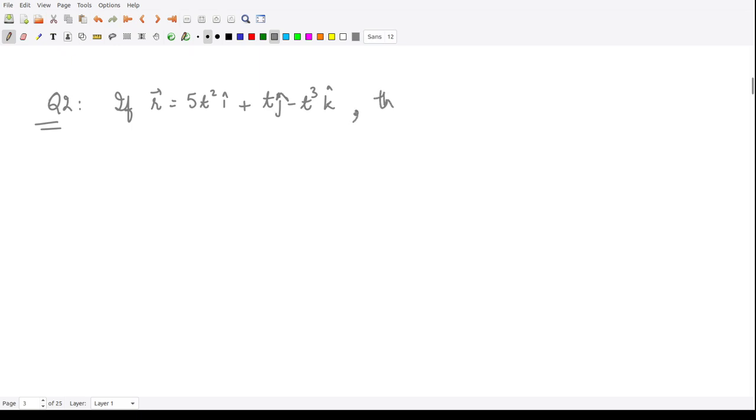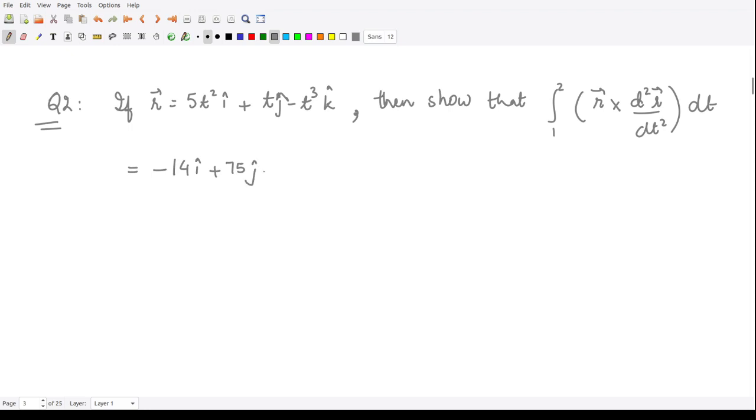Then we have to show that the integration from 1 to 2 of the vector r cross with d2r by dt2 dt is equal to minus 14 i cap plus 75 j cap minus 15 k cap. So we have to show this thing. Now here, because we are taking the integration of some vector, we have to show this is equivalent to this particular vector.